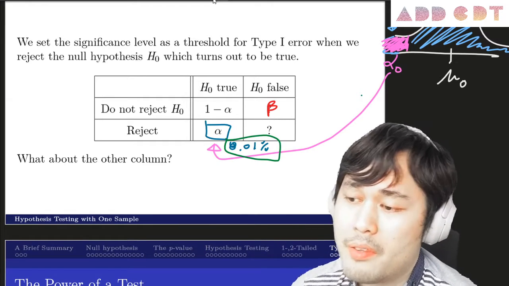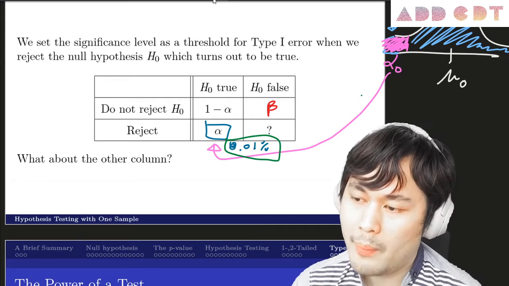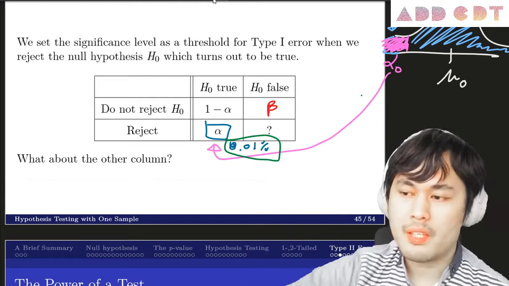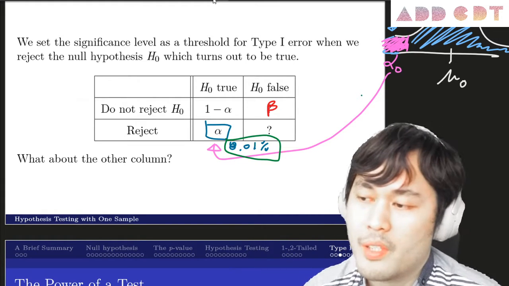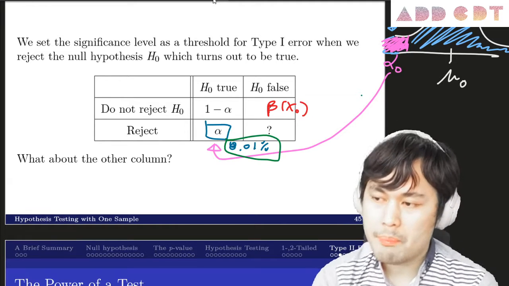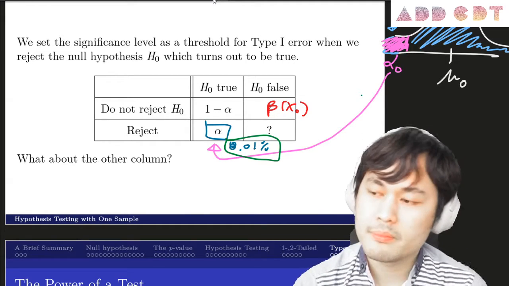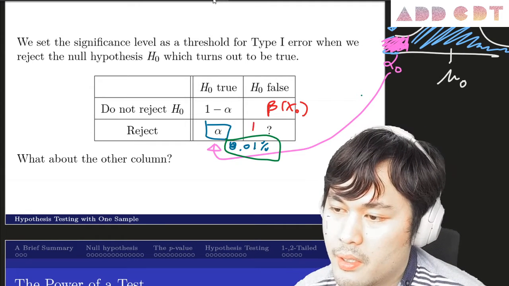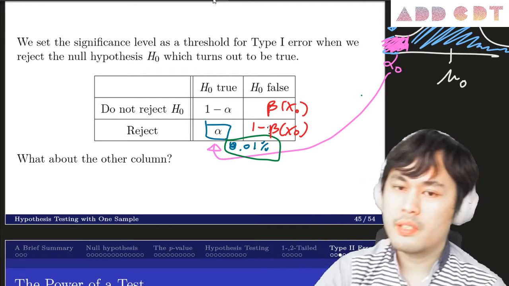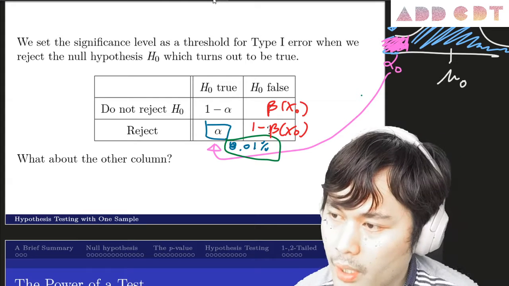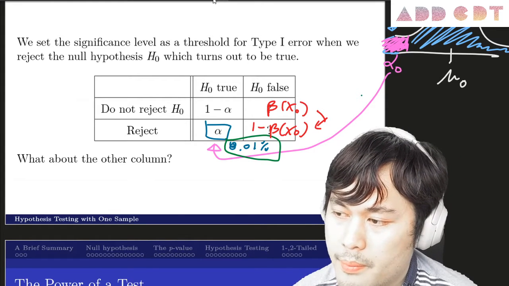This beta is not fixed. It's not like if alpha is 0.01, beta is going to be some fixed nice number. No, beta is not fixed. Beta depends on the sample parameter. So anyway, you're going to get some beta, and then the other part is going to be 1 minus beta of x0, and these two columns add up to 1.